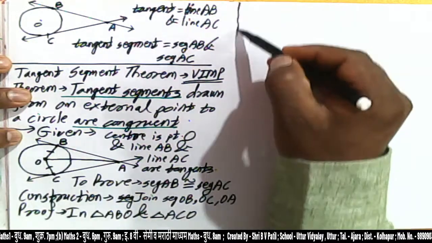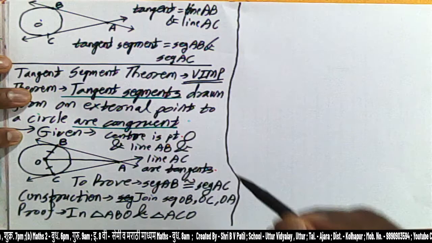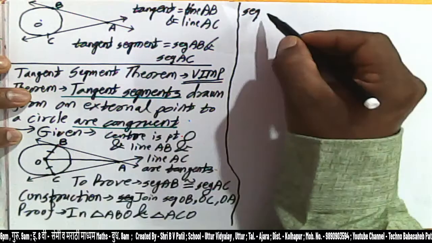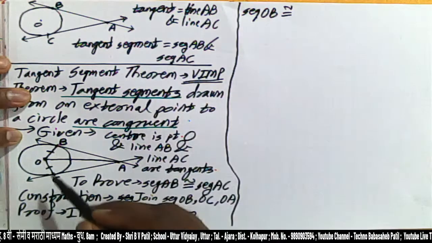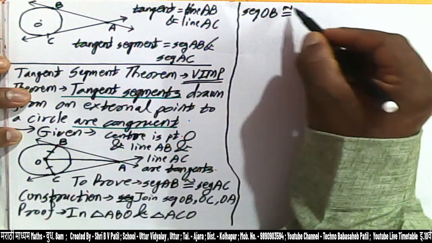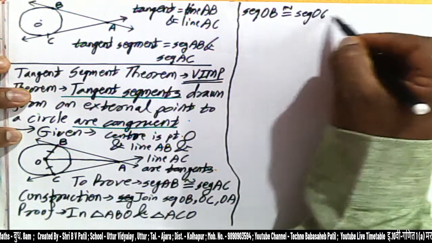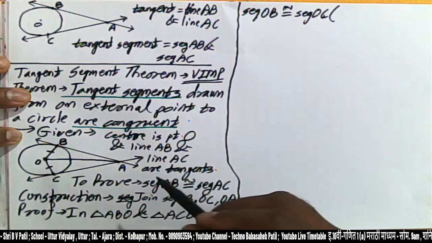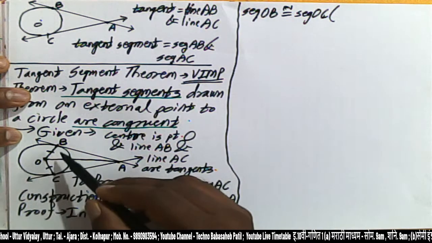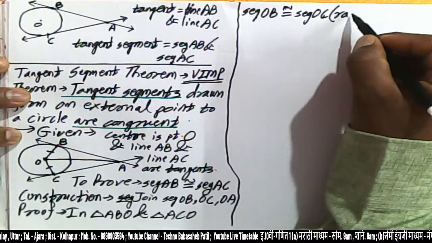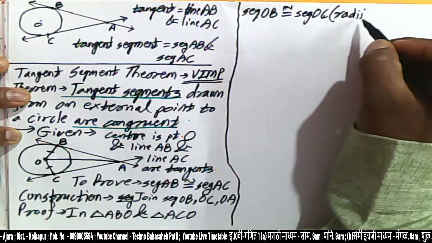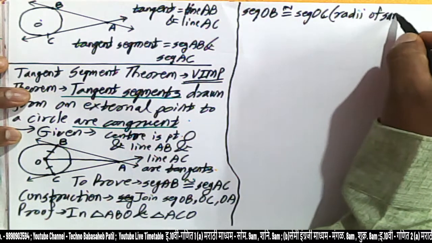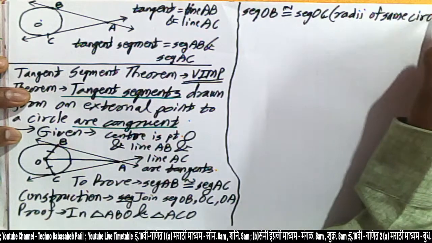That is the first condition: segment OB congruent to segment OC, and the reason is radii of the same circle.